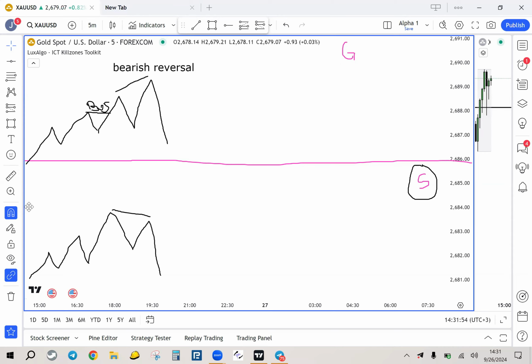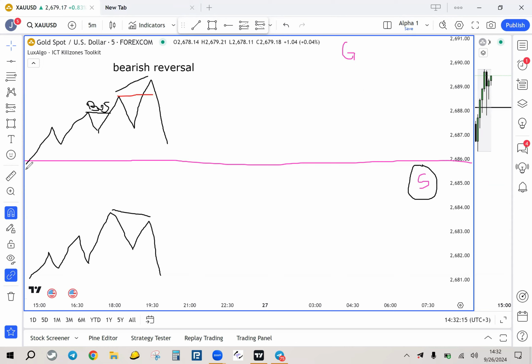So the logic of the SMT implies that at one point, price will not make a higher high and the algo will not consider it a break of structure. It's going to consider it a liquidity sweep. You don't need this low to be broken to the downside in order to consider that this is a liquidity sweep.